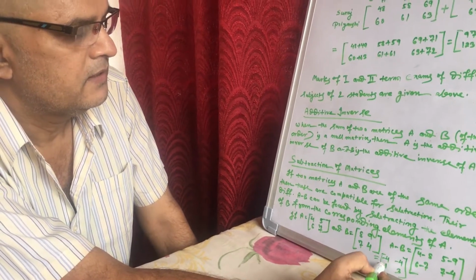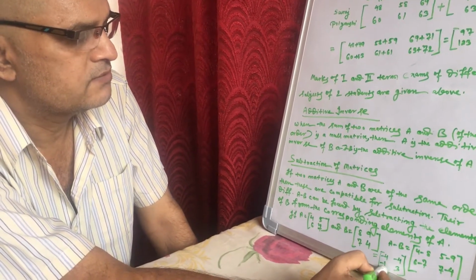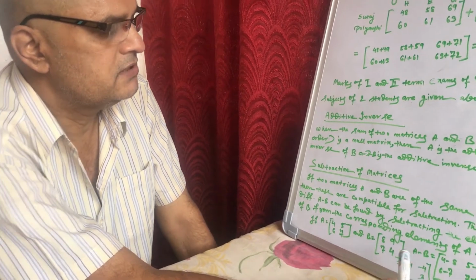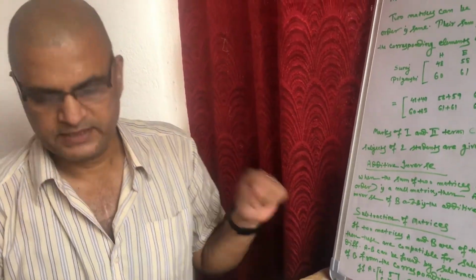So it will be minus 4, minus 4, minus 1, plus 3. Now this is the process of subtraction of two matrices.